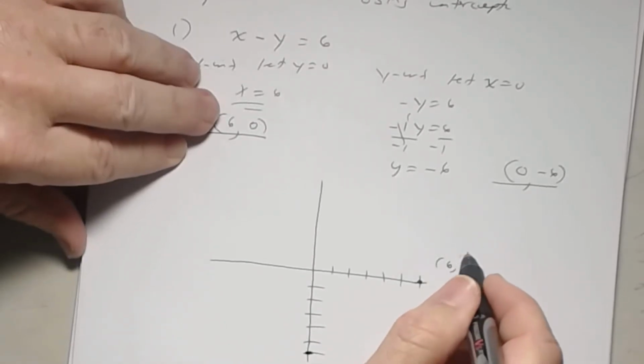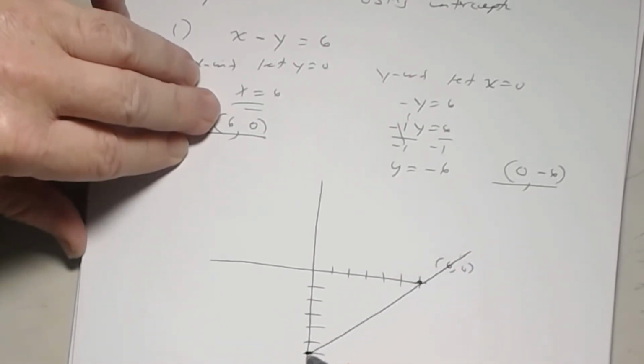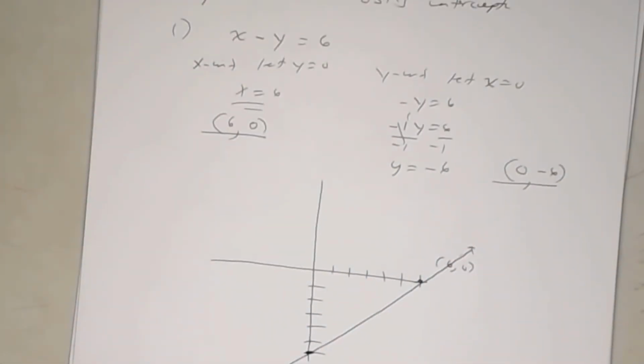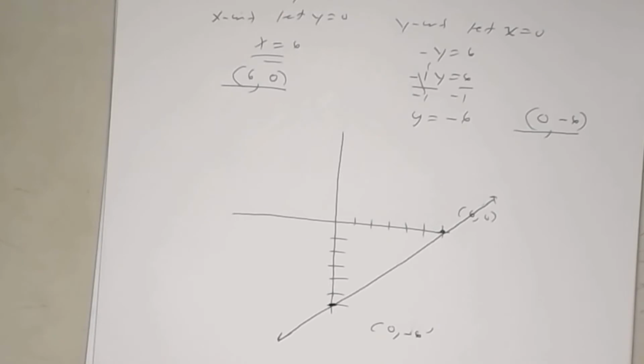And then use a straight edge. In your test and final, I will have a ruler for you. And that's it. I graphed this line by just using what? Intercepts. That's all they wanted.